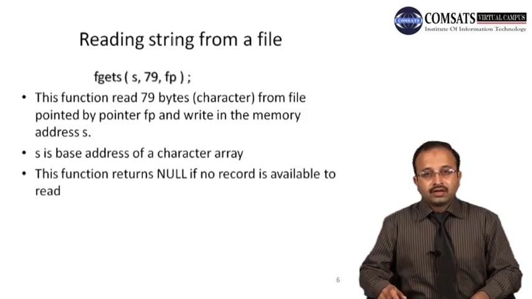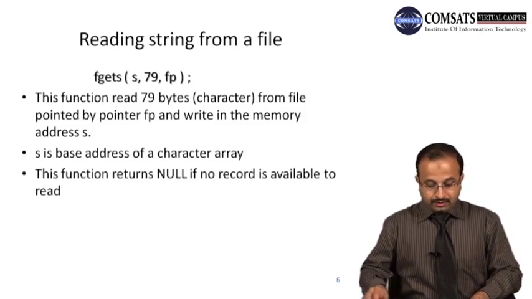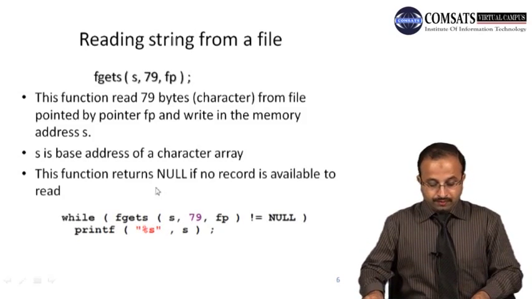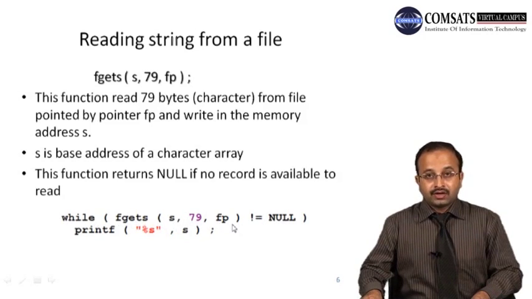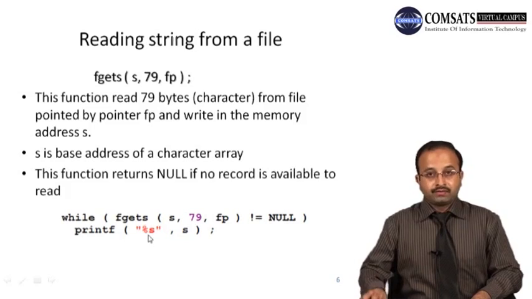But if it reads the record, it won't return null. So this is how we can use it: while fgets is not equal to null. So first this function will be executed, and if it reads the record, it returns a not null value, and not null is not equal to null, that is true. So it comes over here and prints what it read from that file.